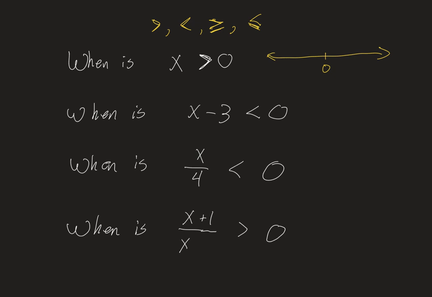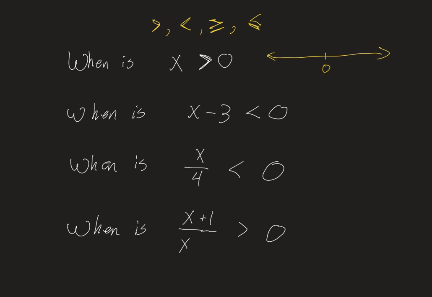So think, but don't say out loud: what are the differences between those 4 when I go to graph them? How is this different from this, different from this, different from this? All right. So when I'm on a number line, and I'm just going greater than or less than, the difference is these have a closed dot. These have an open dot.